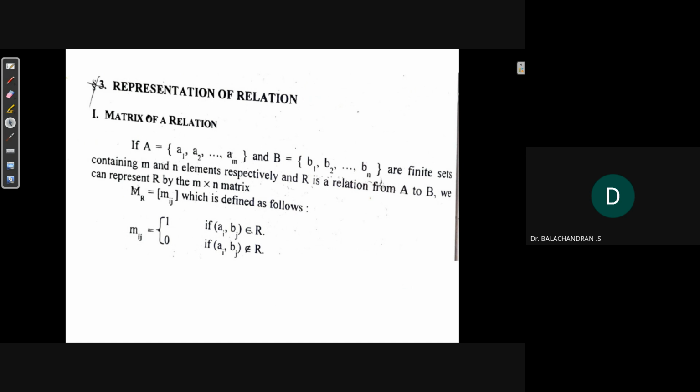MR, the matrix representing the relation R, is equal to [Mij], which is defined as follows: Mij is equal to 1 if Ai and Bj are related, and it is equal to 0 if Ai and Bj are not related.